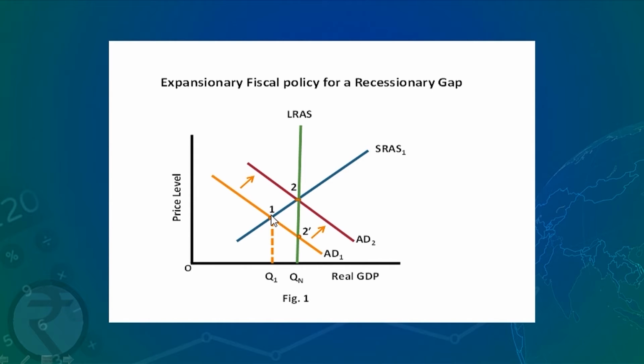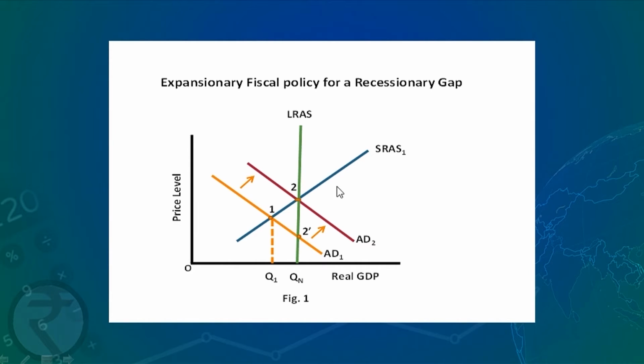So, that would lead to an increase in aggregate demand, and the aggregate demand curve will shift from AD1 to AD2. Now, this is cutting the short run aggregate supply curve at point 2, which is also on the long run aggregate supply curve, and here we have reached the real output from OQ1 to OQN. Now, the optimum output has been reached.